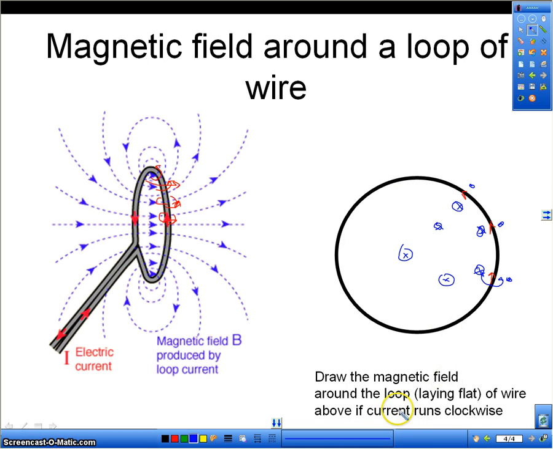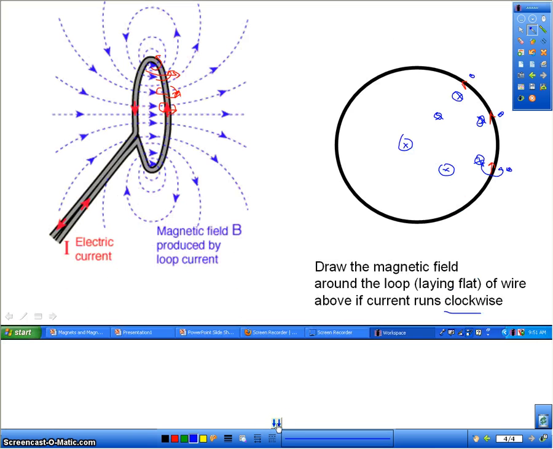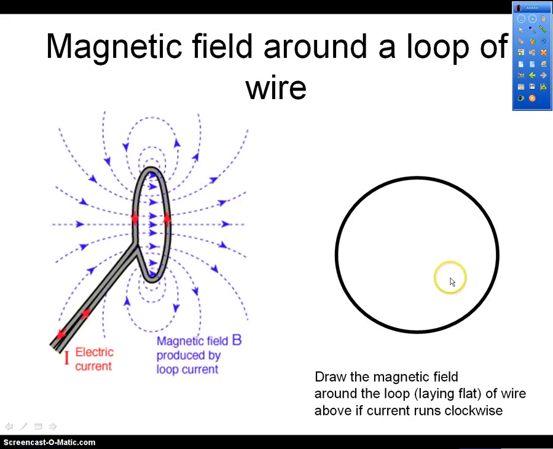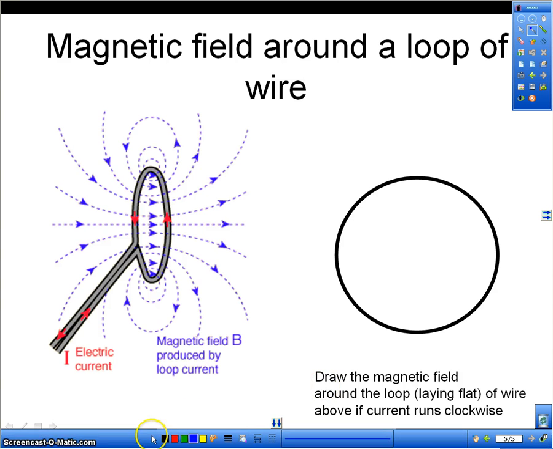Oh, and they asked you, I'm so sorry, they asked you to do it with clockwise, so let's do clockwise below, now that I've confused you royally. Actually, let me just do it right here. If the current runs clockwise, then that means the current is running in this direction, right? All the way around.